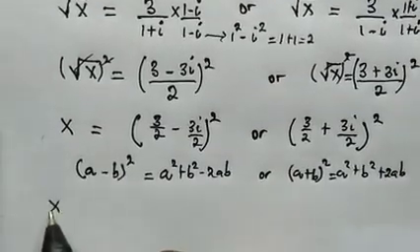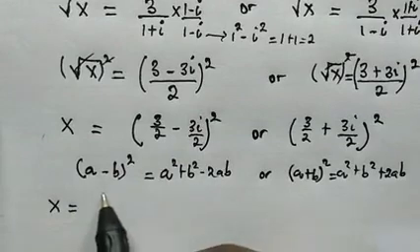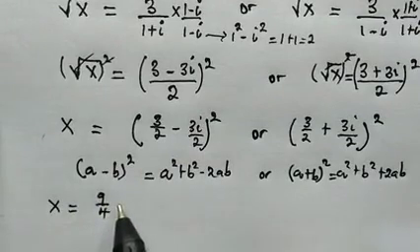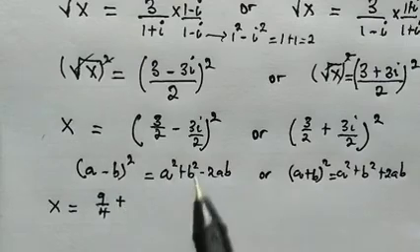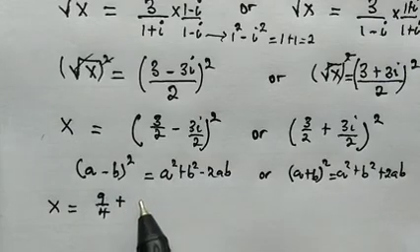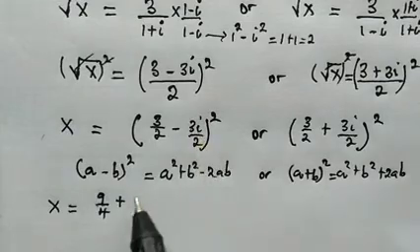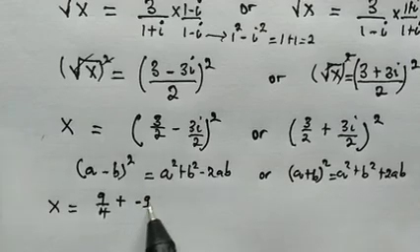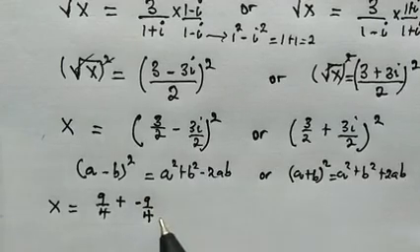So here we're going to have x is equal to 3 over 2 squared is 9 over 4, then plus 3i squared is negative 9 over 4 because i squared is negative 1. So we have here negative 9 over 4.